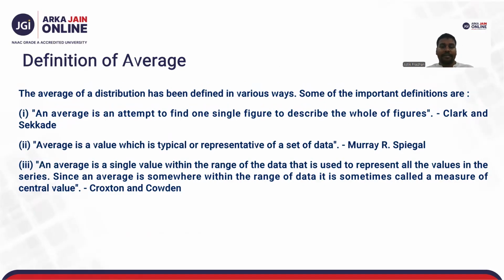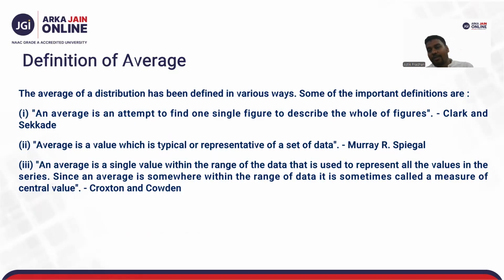Some of the important definitions are given by different individuals. According to Clark and Sackett, an average is an attempt to find one single figure to describe the whole of figures.